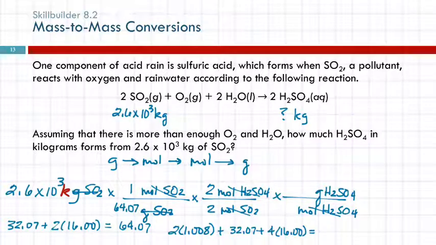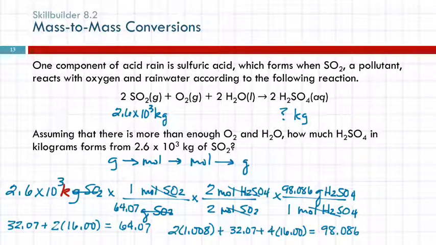So 2 times 1.008 plus 32.07 plus 4 times 16 equals 98.086 grams of sulfuric acid to 1 mole of sulfuric acid. So I got all the numbers in there.